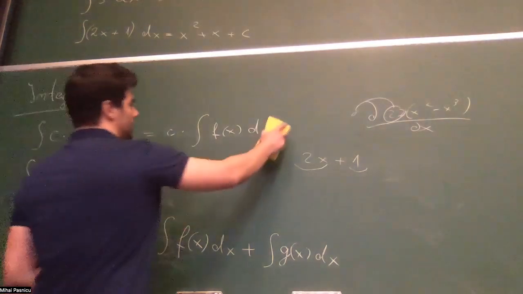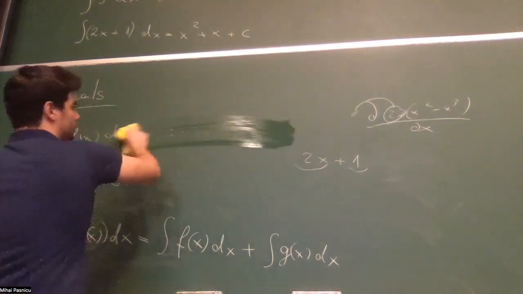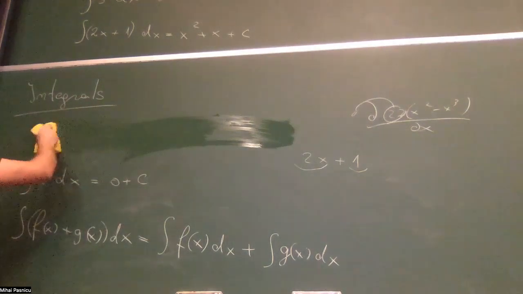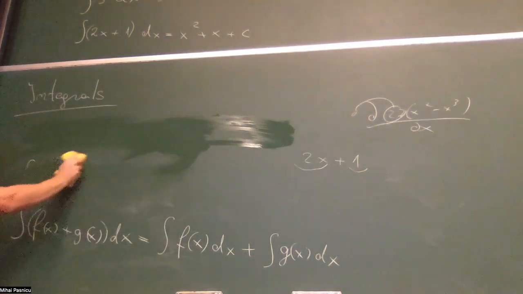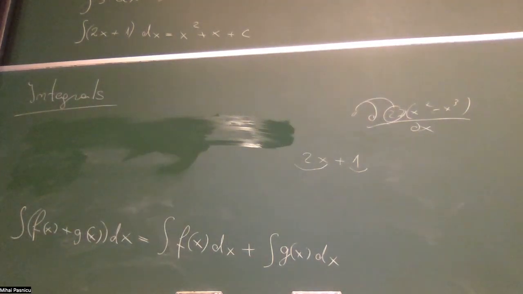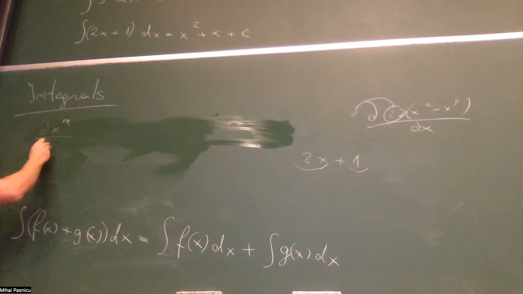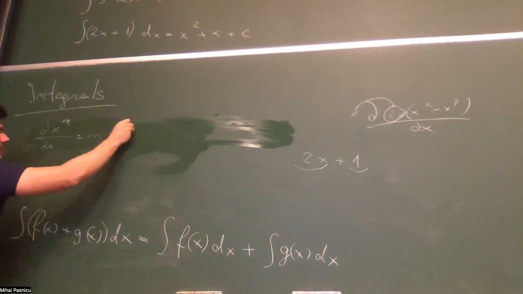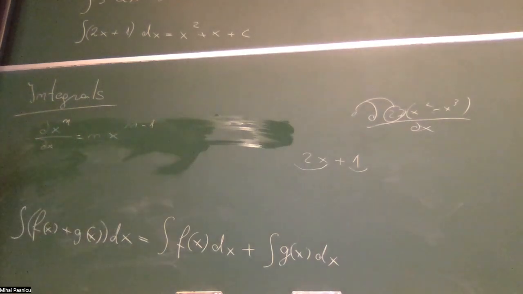So one of the first things you learned how to take a derivative of was the power, right? The derivative of x to the power of n dx is n x to the n minus 1. Everyone did this.